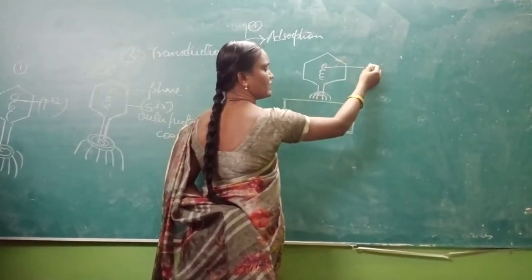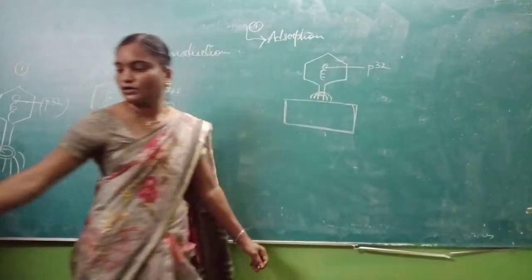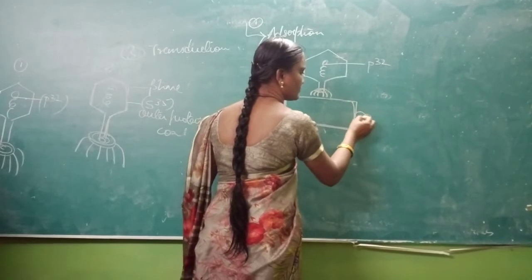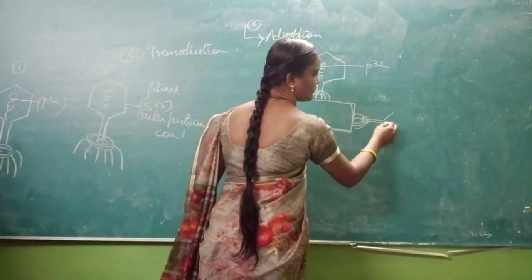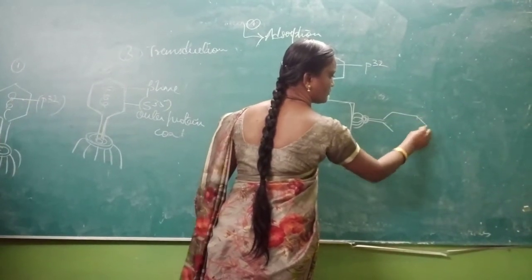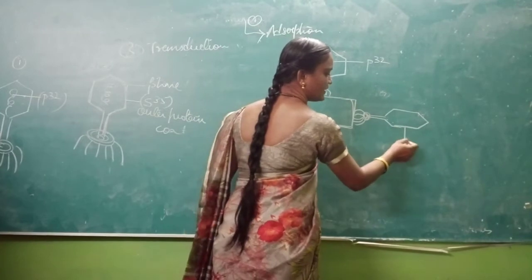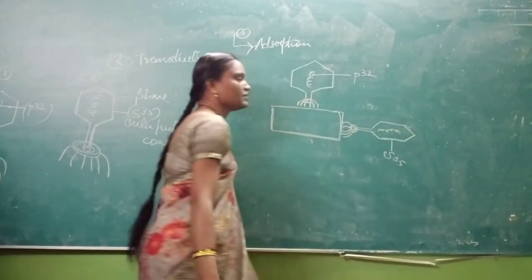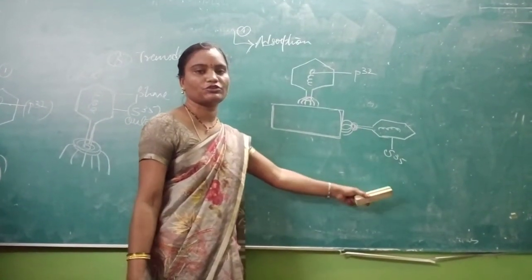And this is phage 1, labeled with P32, and one more, phage 2. Here it is radio-labeled with S35. Got it? So this is normal protein and this is radio-labeled outer protein coat.